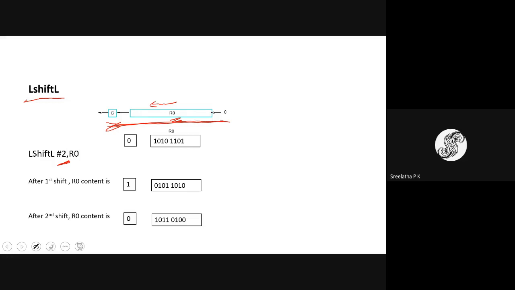Suppose these are the values. I am using logical shift left, and there is a carry flag. Carry flag by default is set to 0. This is the content of a register.